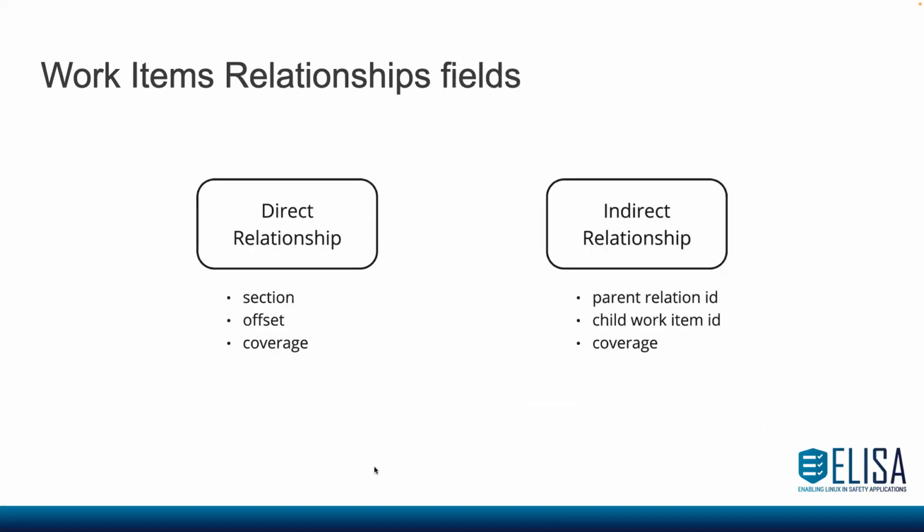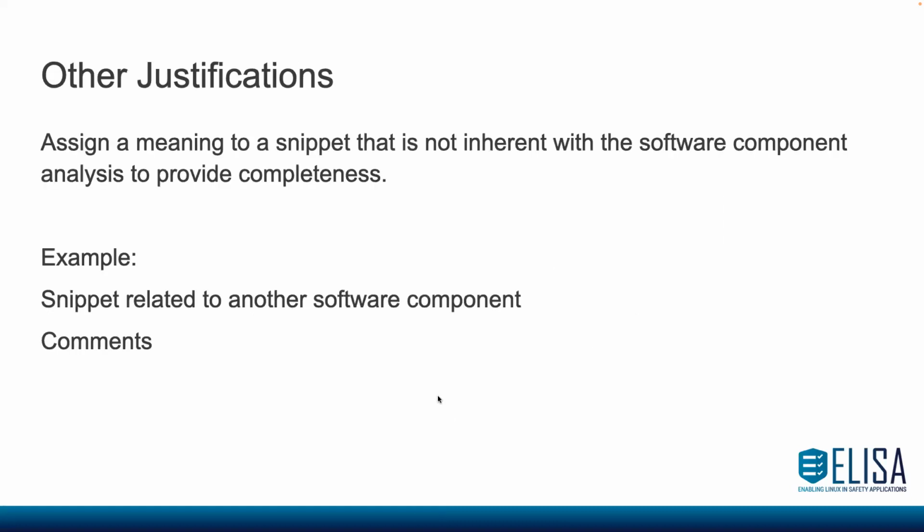So direct and indirect relationships are themselves work items that host data. Direct relationships will be characterized by section, offset, and coverage percentage, and indirect relationships will be characterized by parent relation ID, child work item ID, and coverage percentage. We will see better soon.